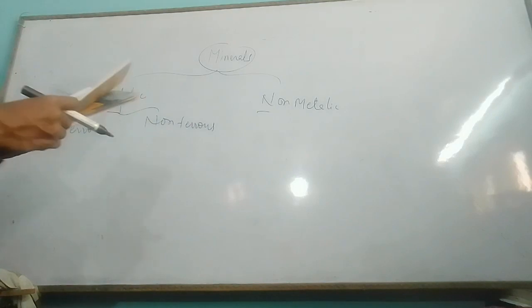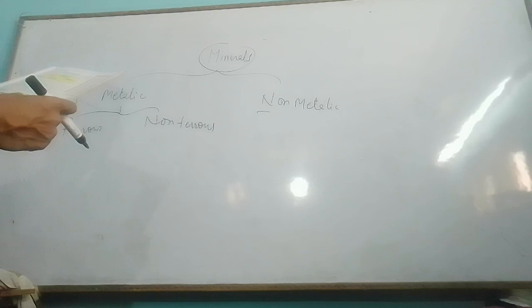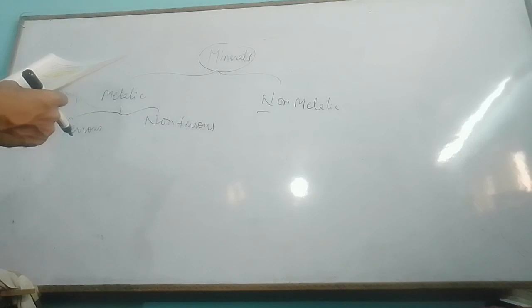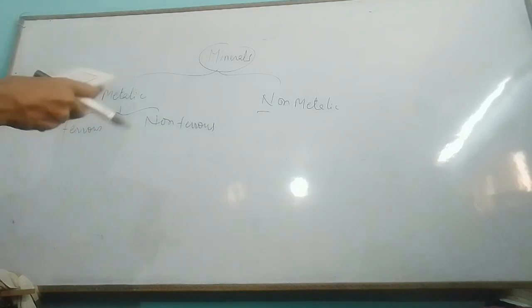Now a rock is an aggregate of one or more minerals, but without definite composition of constituent of minerals. Rocks from which minerals are mined are known as ores. So what do you mean by ores?